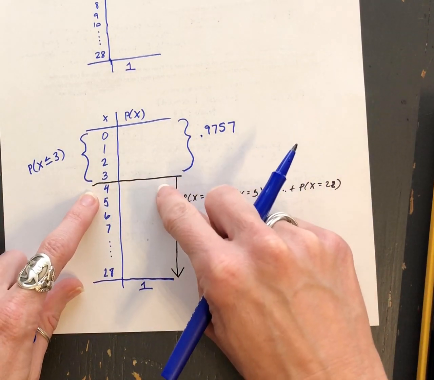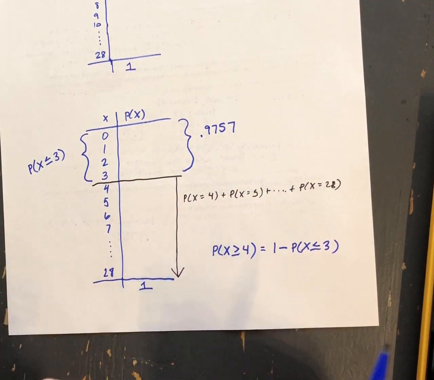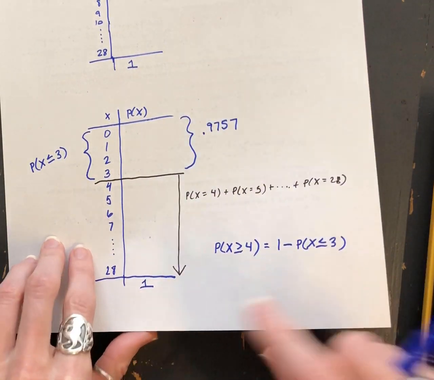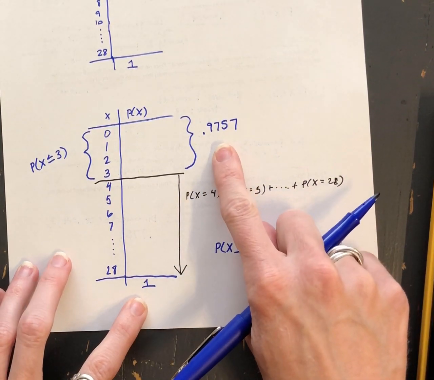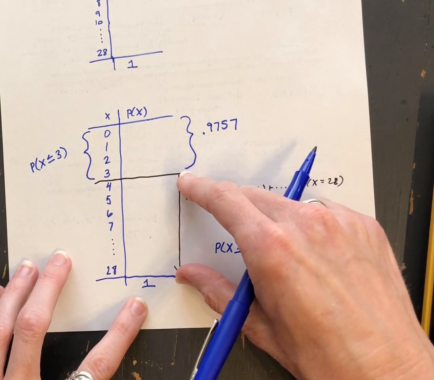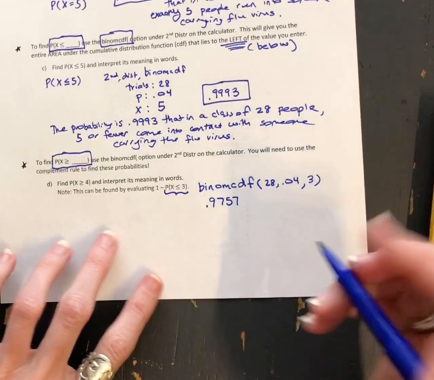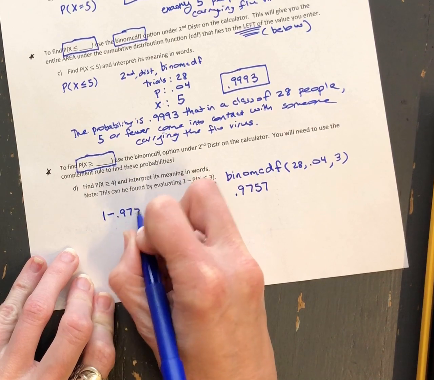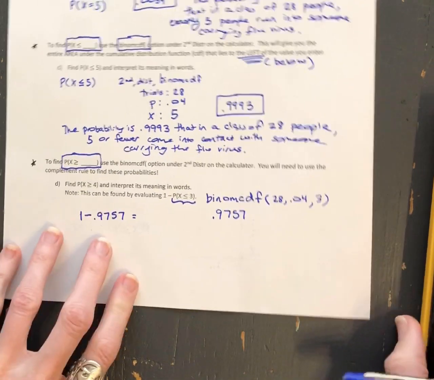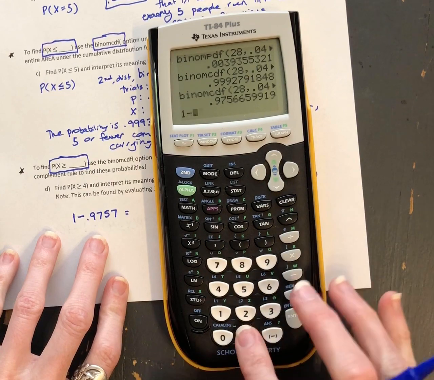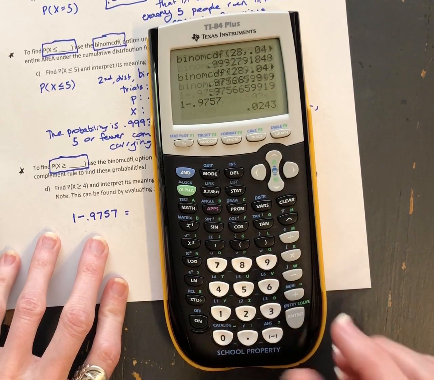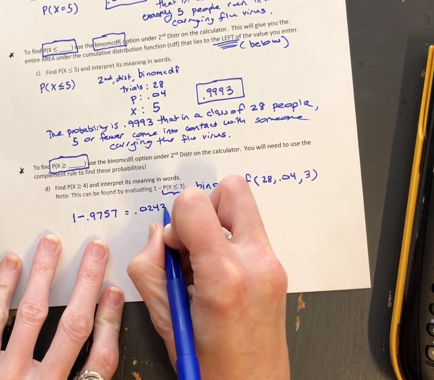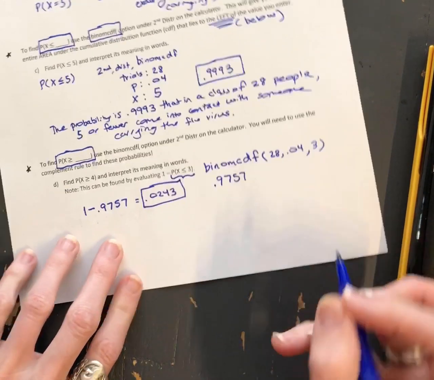Okay, so these are just getting much tinier and tinier as we go to larger and larger values of X. And so if we take 1 and subtract 0.9757, we'll get the probability that we're looking for, which is the probability that X is greater than or equal to 4. And so 1 minus 0.9757 is 0.0243. That's the answer we're looking for.